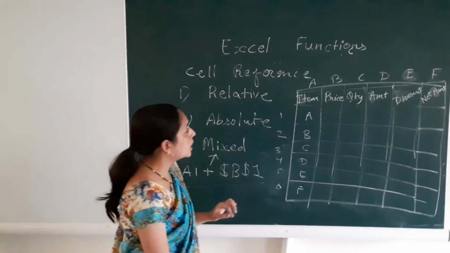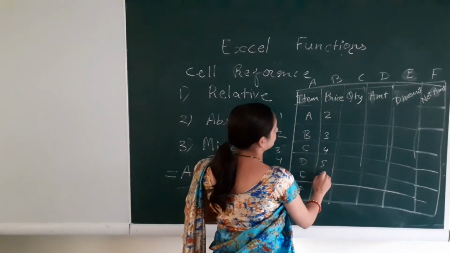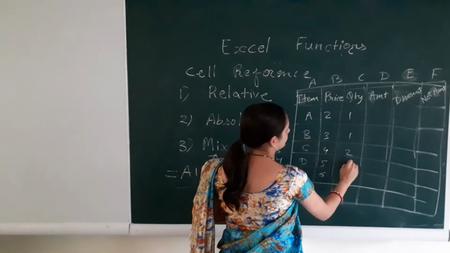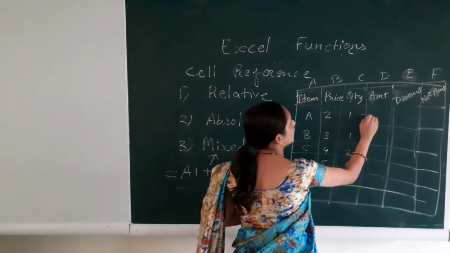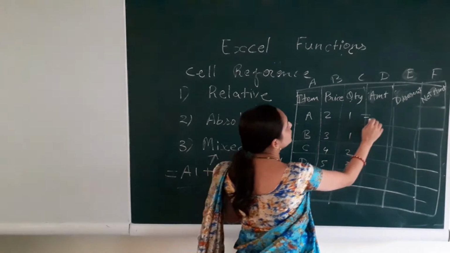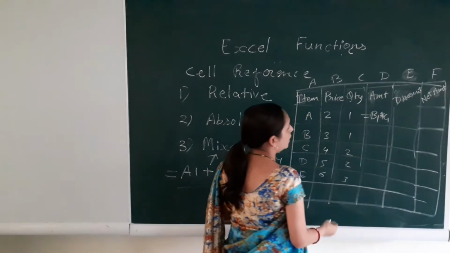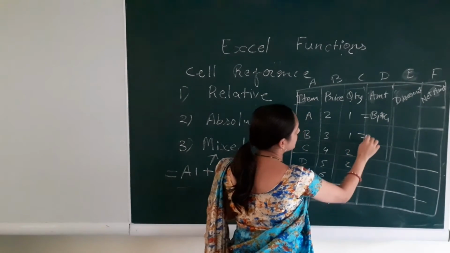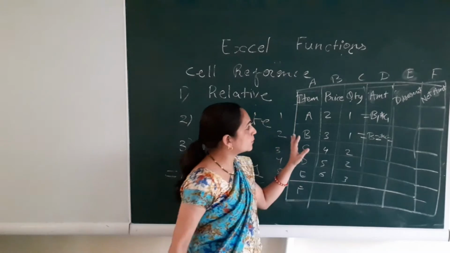So it is which type of cell reference? Mixed cell reference. Suppose we have the values. Now the net amount will be the multiplication. So here we will use the formula B1 into C1, because we get the amount by multiplying. Relative cell reference we have used, so it will change to B2 into C2.